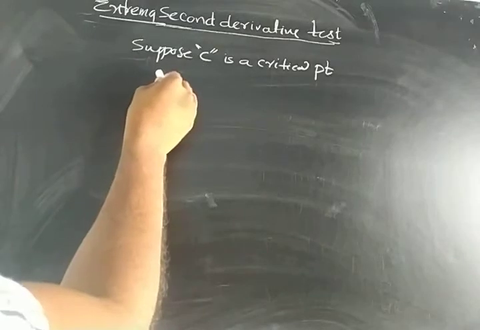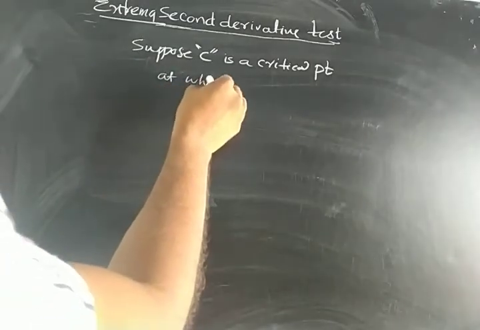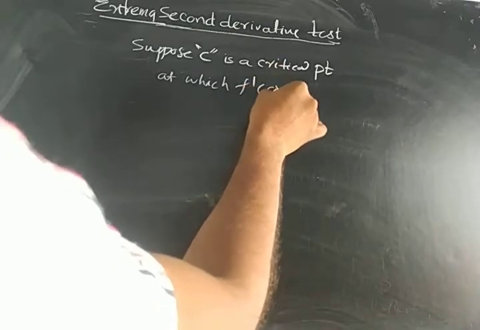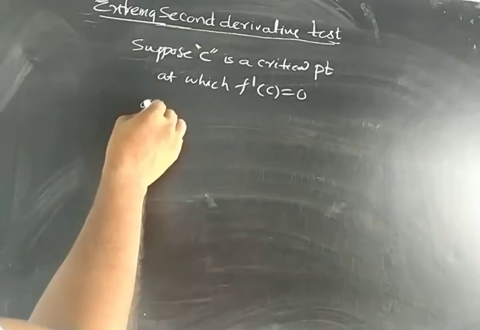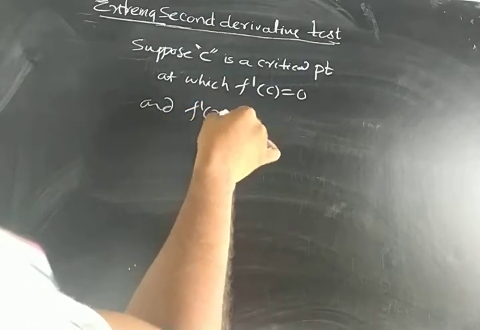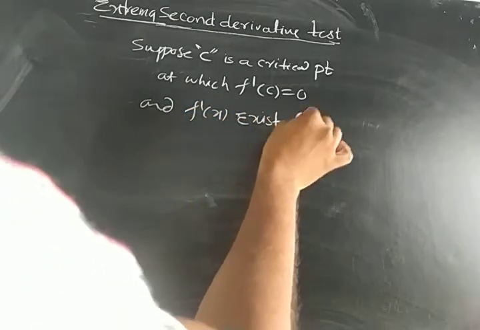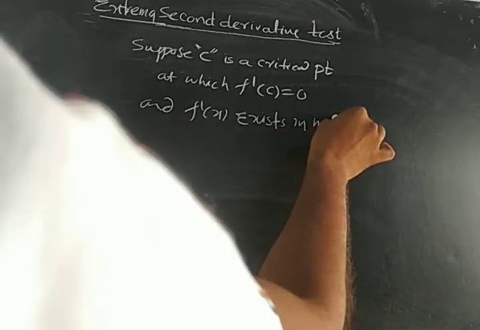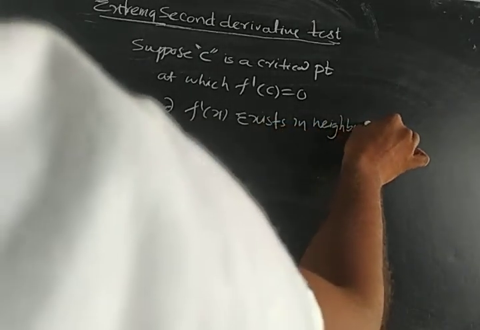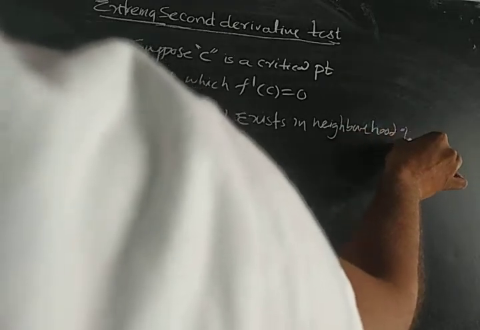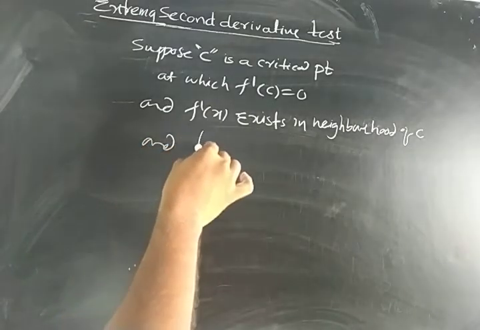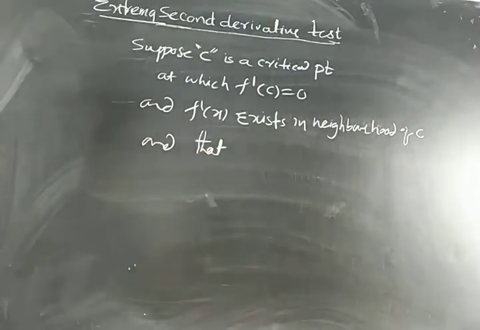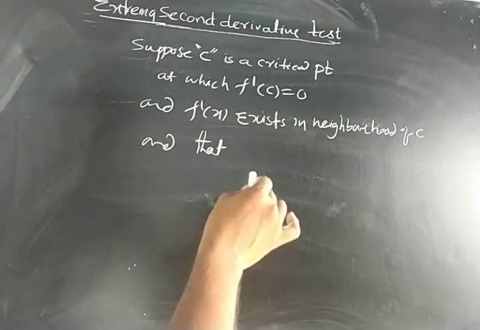I am taking c as a critical point at which f dash of c is 0, at which the first derivative is 0, and f dash of x exists in the neighborhood of c, and that f dash of c exists.